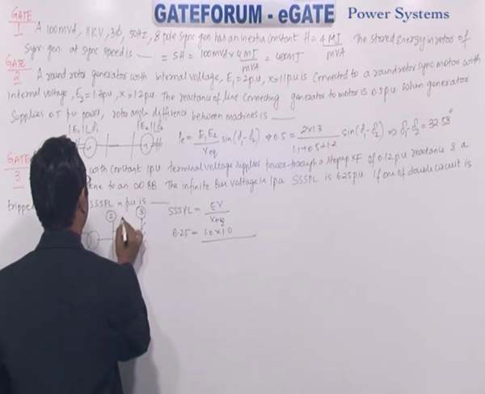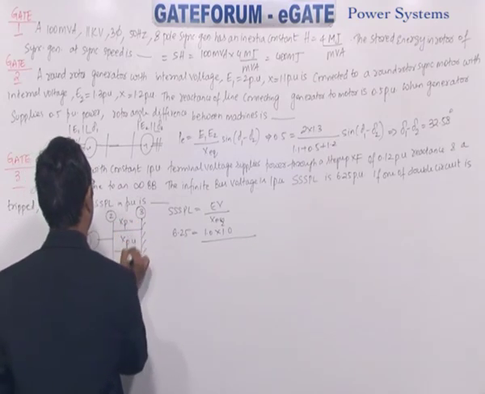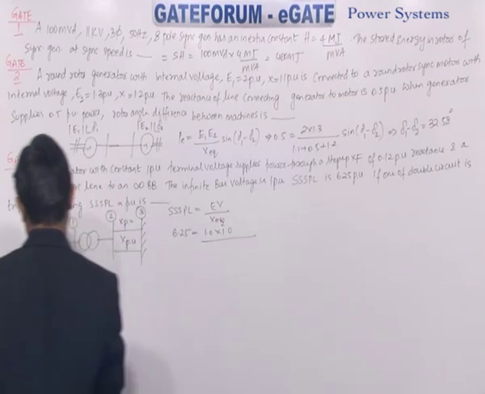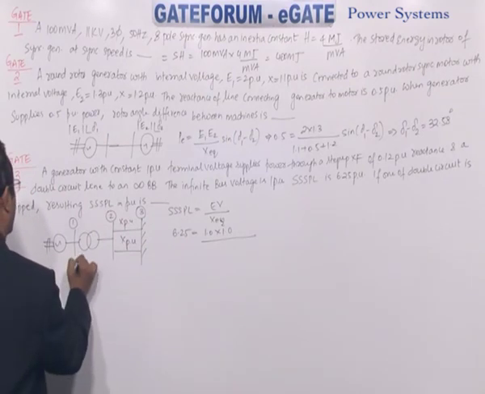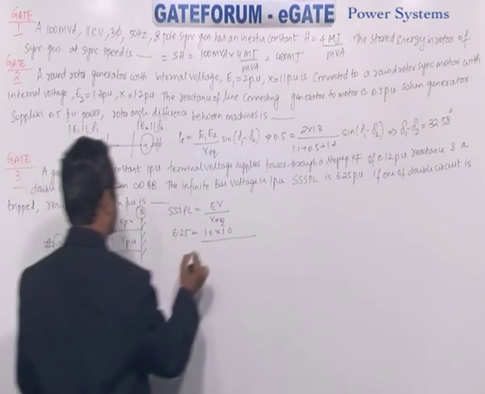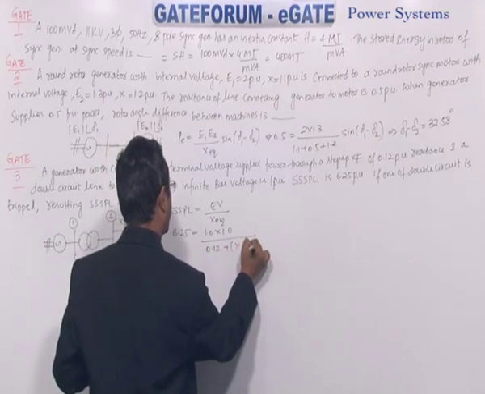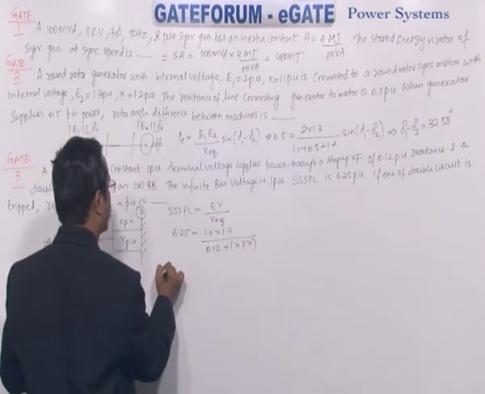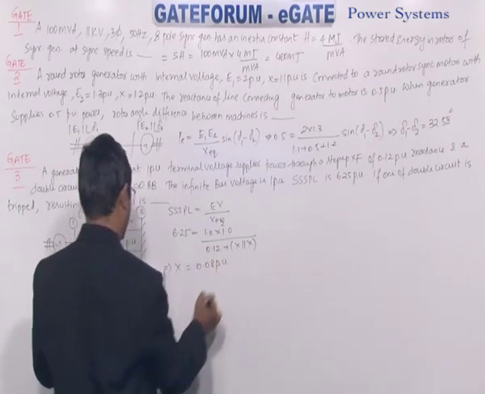Say the reactance of the line is X per unit. The reactance of the transformer is given as 0.12 per unit. So it is 0.12 and X in parallel. From this you can calculate X. You get 0.08 per unit.